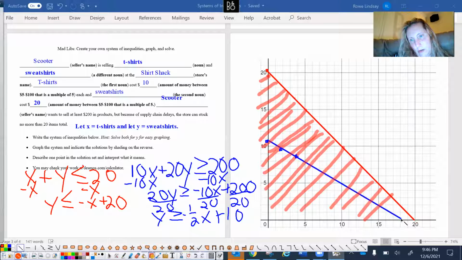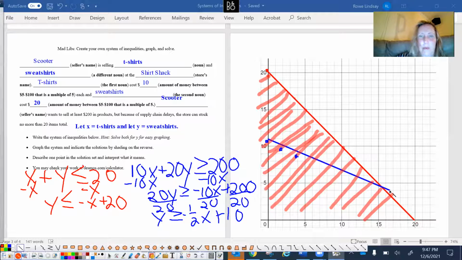Let's go back. I don't even like that line. We're going to come up here at 10, and we're going to go down 1 and to the right 2. Oh, look, I graphed those points wrong. That's why it looks so awful. Down 1 and to the right 2, down 1 and to the right 2, and so on.